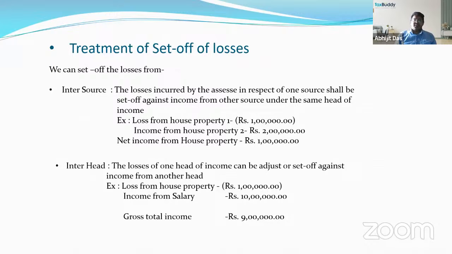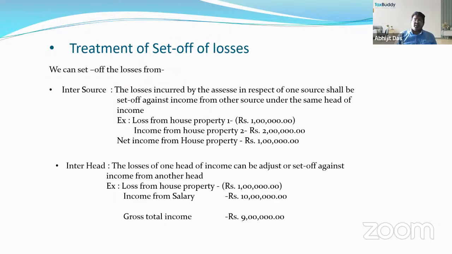Treatment of set off of losses. There are two types of options available to us for set off of losses. Number one is inter-source and number two is inter-head. Firstly, inter-source.